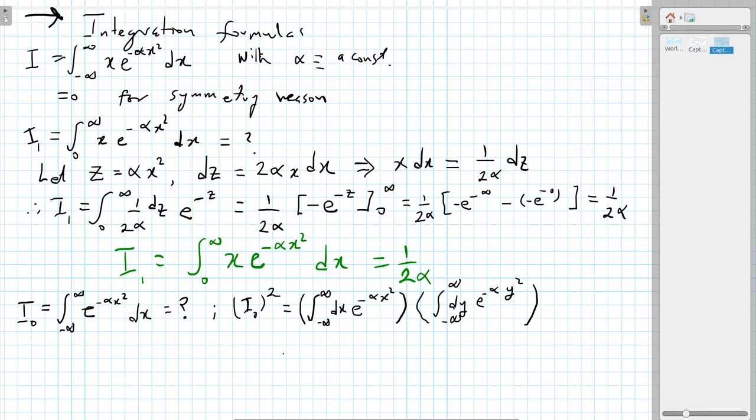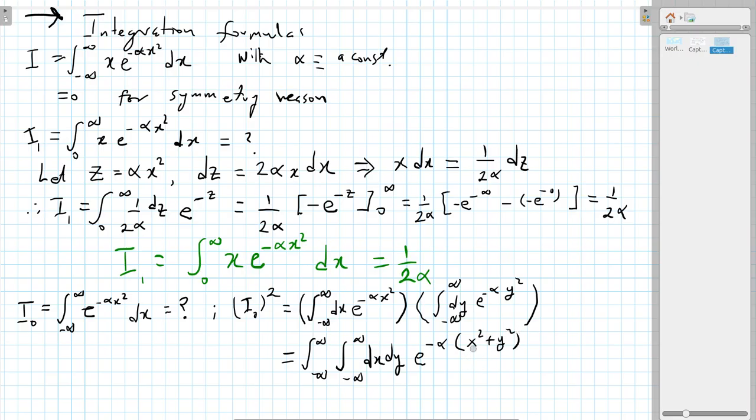So this is equal to a double integration from minus infinity to infinity of dx dy, and combining the exponential part, this is minus alpha, the constant, times x squared plus y squared.